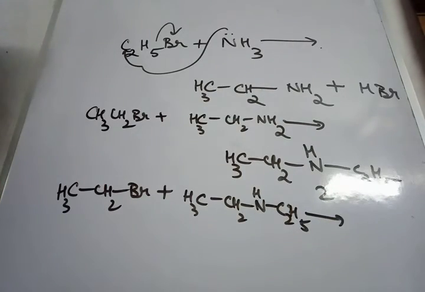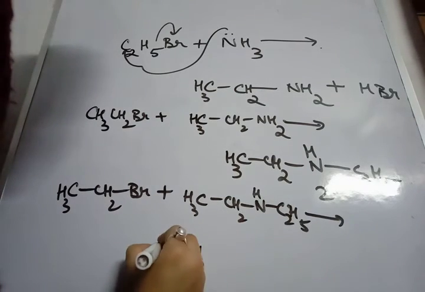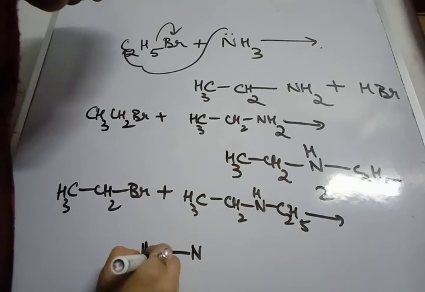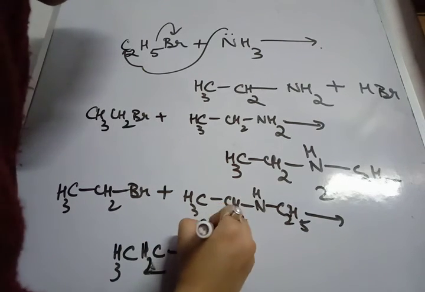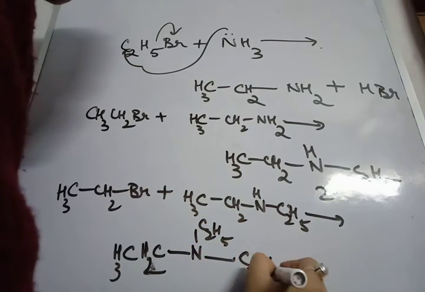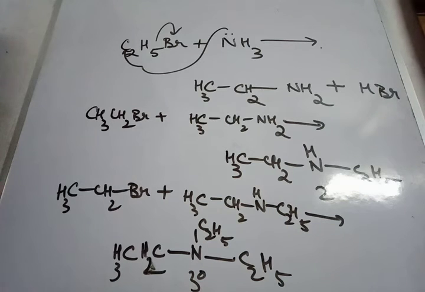What do we get? 3 degree amine, with C2H5 groups on nitrogen. Further, this part reacts with your ethyl bromide to form quaternary ammonium salt.